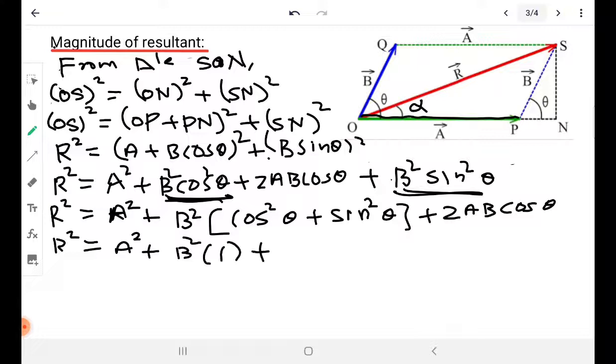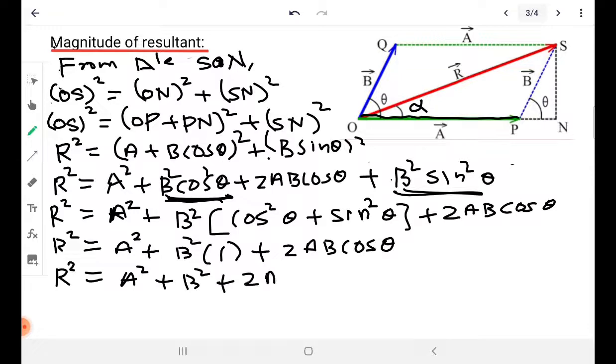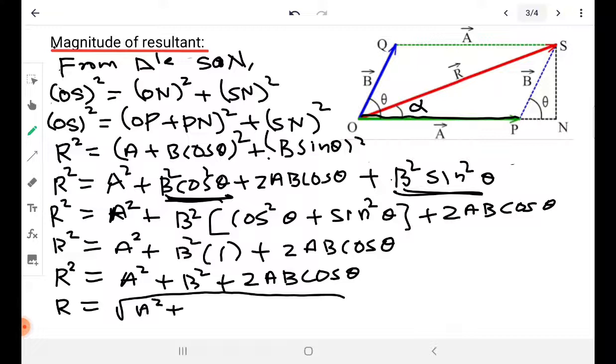So now R square is equal to A square plus B square plus 2AB cos theta. Then resultant magnitude is given by R is equal to root over A square plus B square plus 2AB cos theta. This is the formula for the magnitude of resultant.